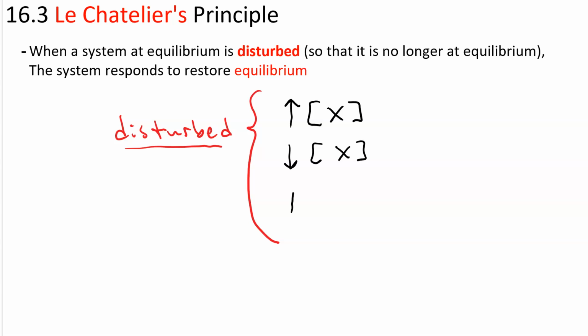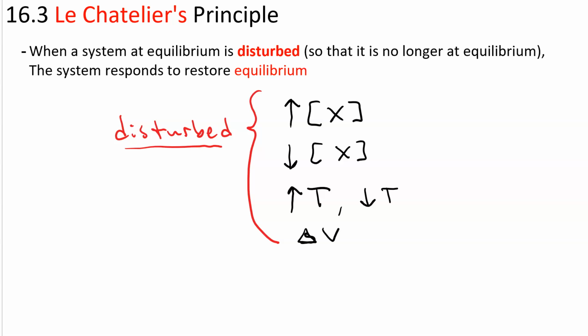On the other hand, you could raise the temperature, or you could lower the temperature, or you could get really fancy and change the volume of the reaction vessel. Doing any or all of these things will affect the equilibrium. It will take you away from equilibrium.